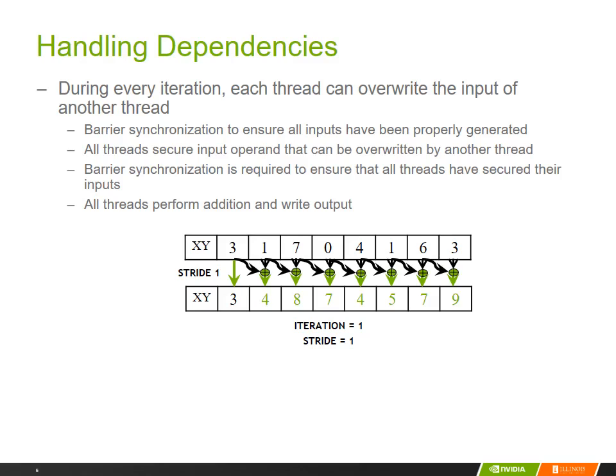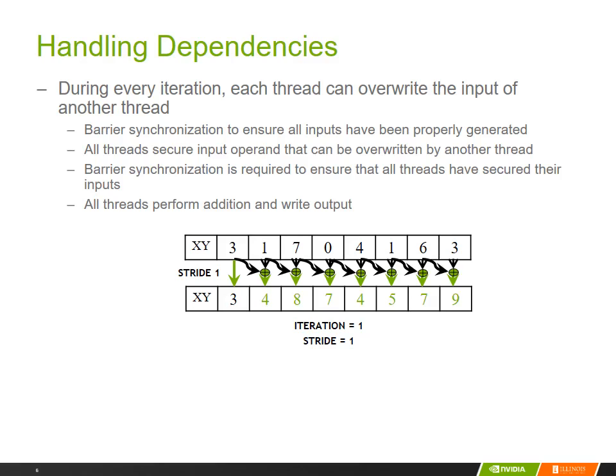So thread 1 can actually be writing that value 4 into the position where the input of thread 2 is coming from. So if we don't carefully coordinate the activities of thread 1 and thread 2, thread 1 could override the input value that thread 2 is dependent on.